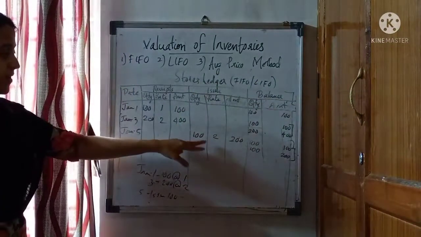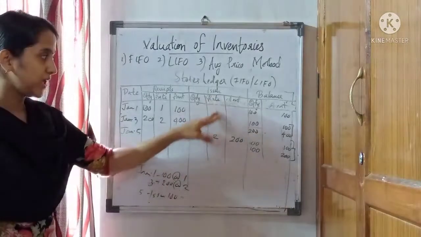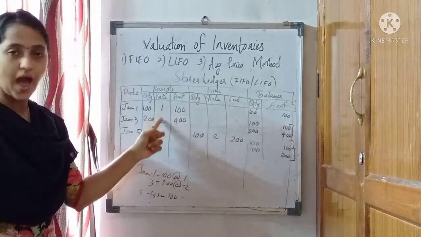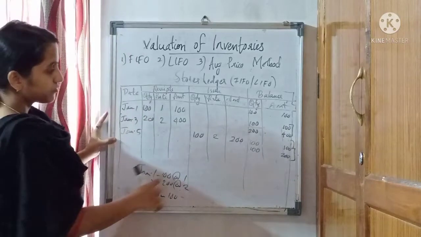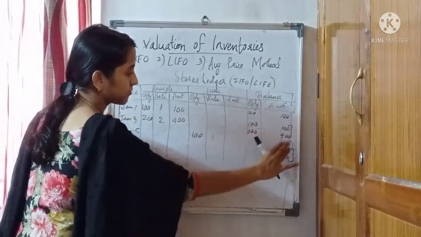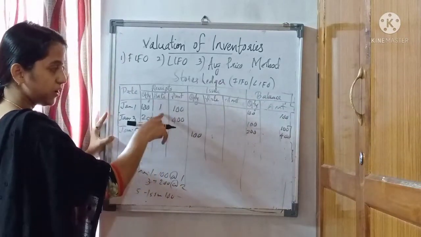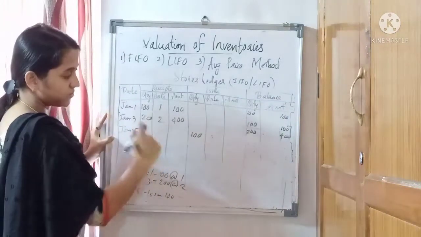And here again we will issue. Under average price method, as we have told, we will take the rate based on the average rates. So this 100 we will issue by averaging these two rates.